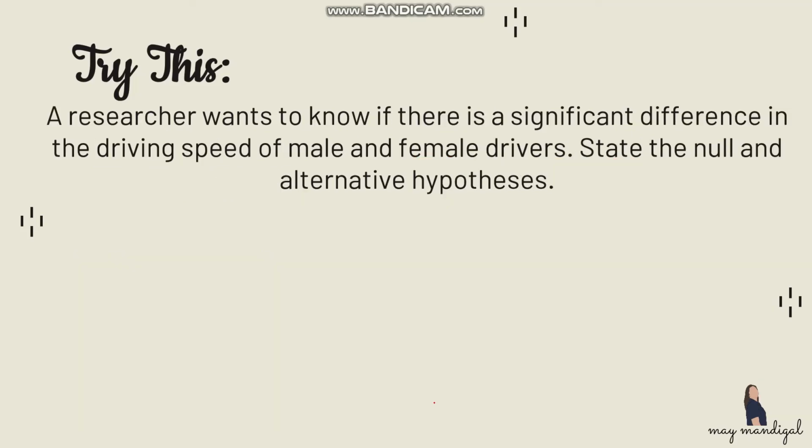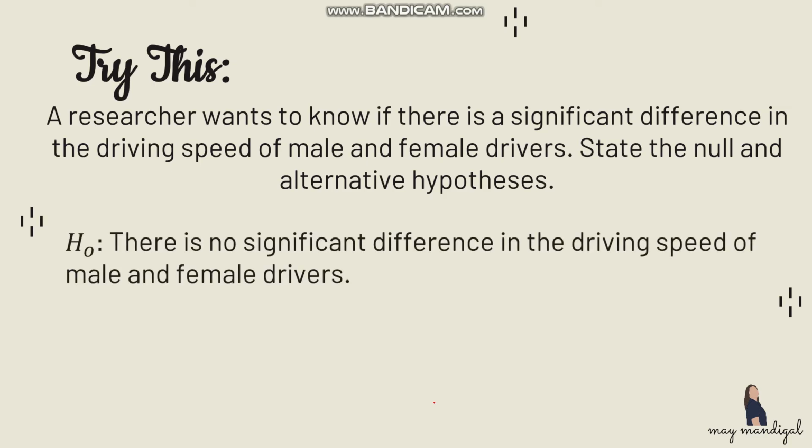And another example: a researcher wants to know if there is a significant difference in the driving speed of male and female drivers. So let's state the null and alternative hypotheses. Here we are comparing the driving speed of male and female drivers. For our null hypothesis, we just want to state that the two values are equal with one another. So we will write: there is no significant difference in the driving speed of male and female drivers.